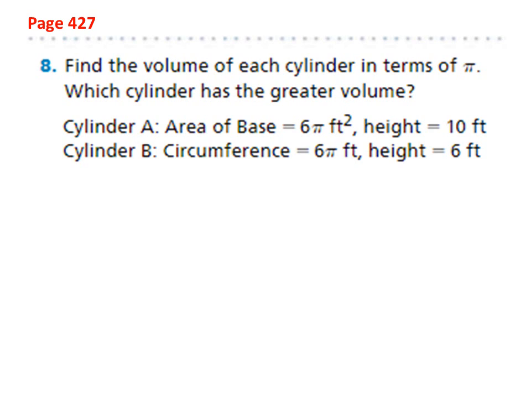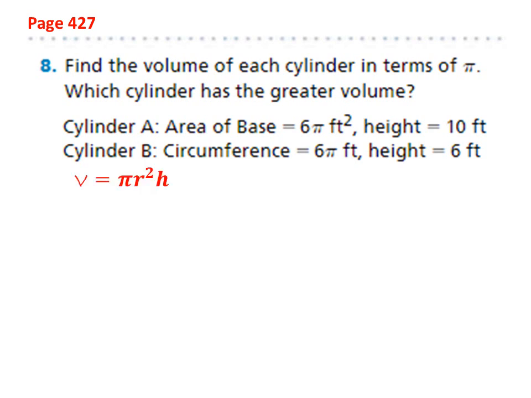Cylinder B, circumference equals 6 pi feet and height is 6 feet. Stop the video and try to find the volume of each cylinder. After that, come back to check your answer. Have you finished? Yes? Okay.